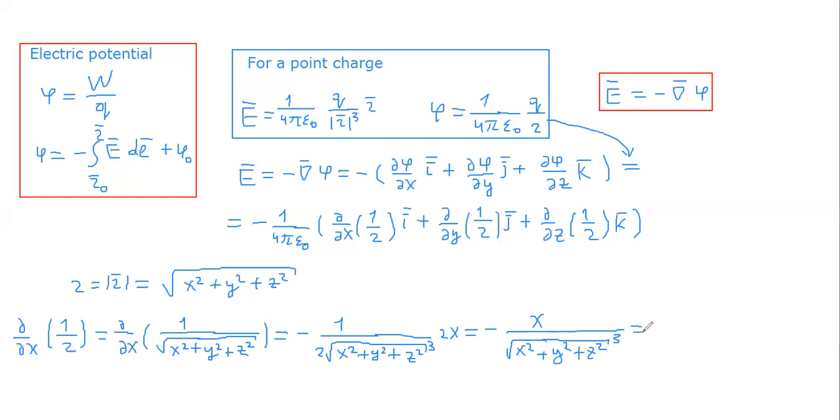We can substitute this here, and it will be minus x divided by r in third order. Okay, let's leave this in this form.